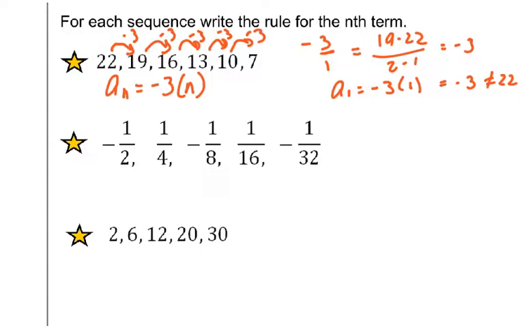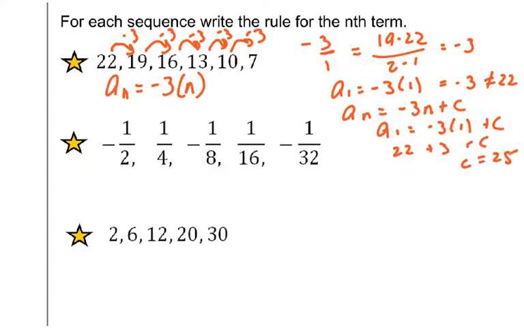So there is some constant that we start with, kind of like where we would start on the y-axis if we were going to graph it. So we can try a sub 1, negative 3 times 1 plus c. We know that equals 22. And then when we add 3 to both sides, we get that c is 25. So our rule is negative 3n plus 25.